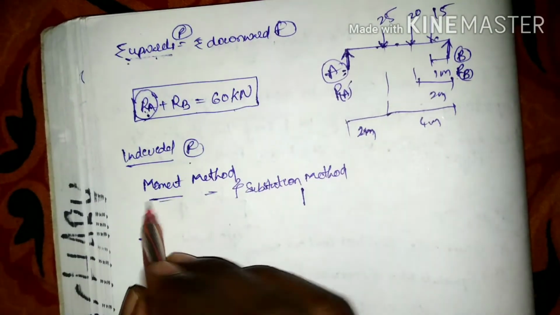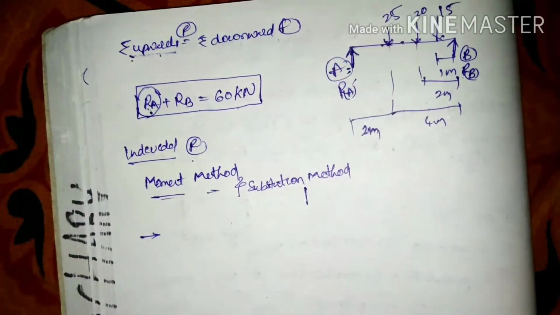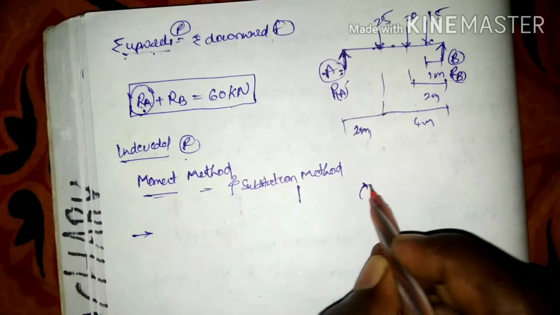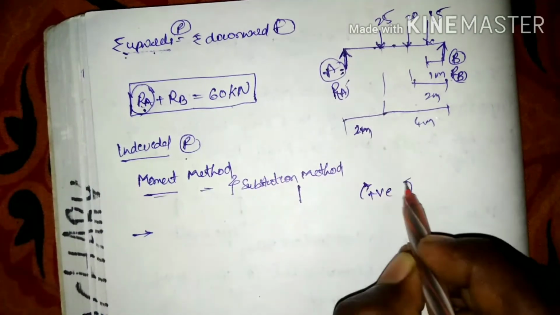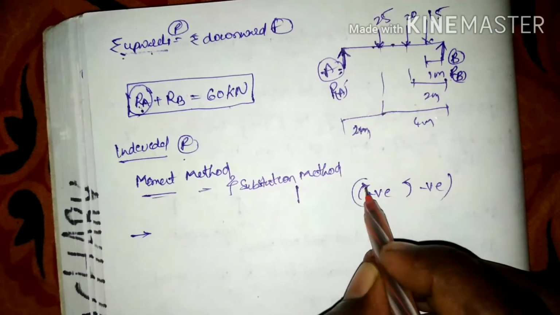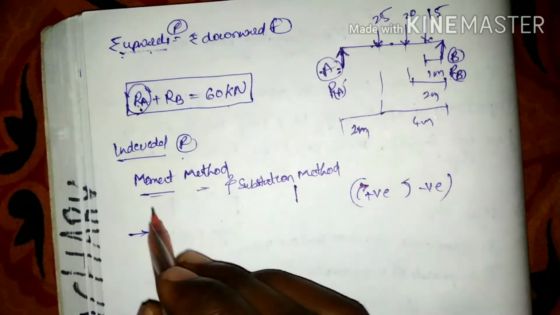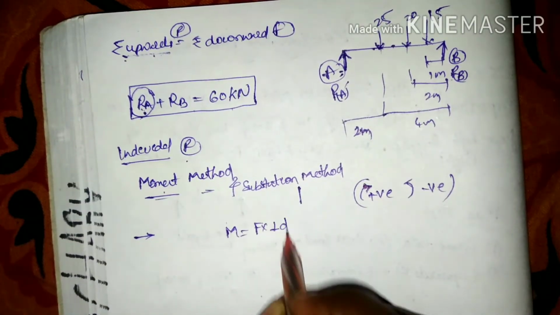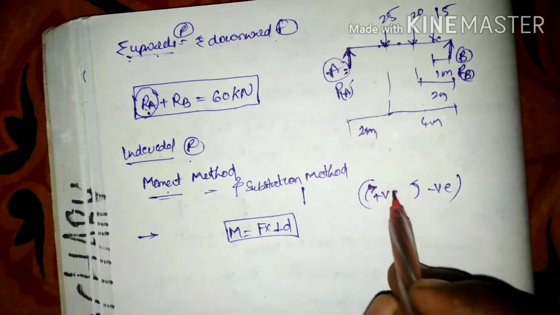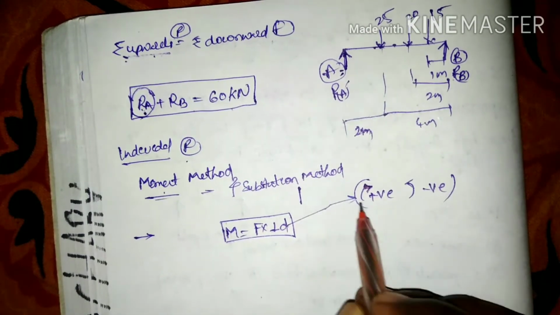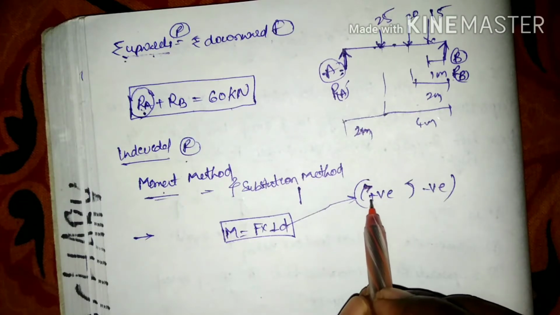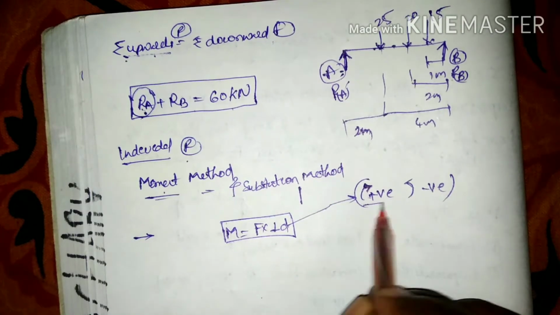For the moment method, we consider the sign convention clockwise as positive and anti-clockwise as negative. We know that moment is equal to force into perpendicular distance. If a reaction or any force is taking the moment in a clockwise direction, it is going to be positive.